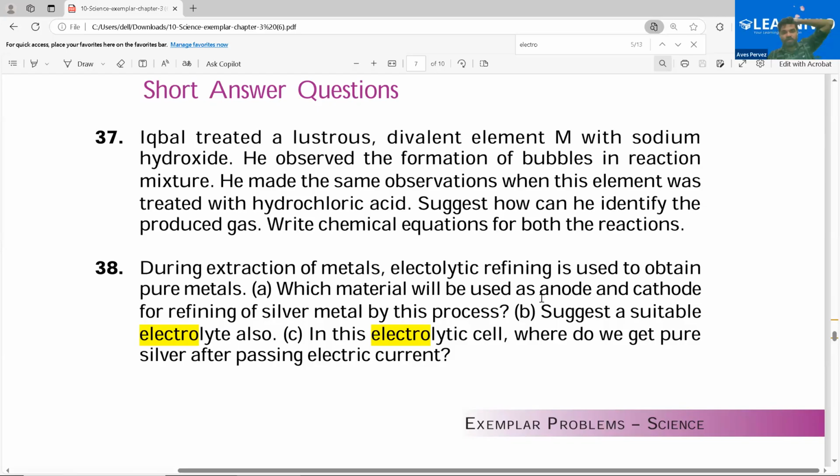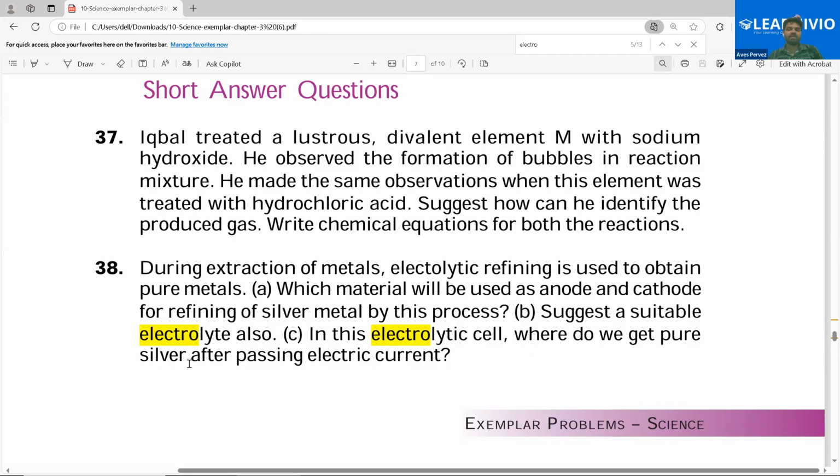At the anode, do you use pure metal or impure metal? Impure metal. And at the cathode, pure metal. Pure silver. Suggest a suitable electrolyte if you are just refining silver metal. It is silver, so silver nitrate.